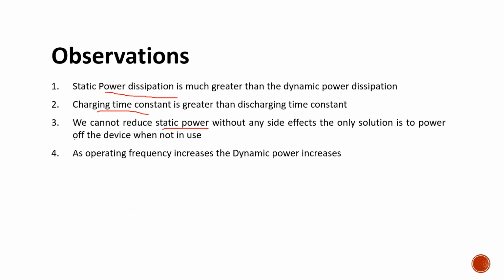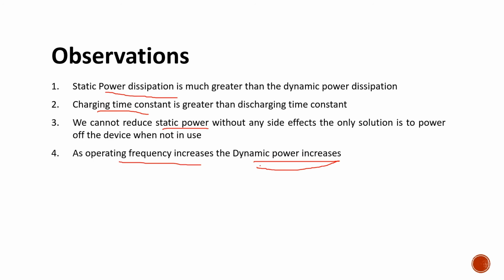And even if I increase the operating frequency, the dynamic power is going to increase. Yes. So these are the observations that we made about the NMOS inverter. So we want a change. We want something new, which can overcome all these disadvantages, all these issues.